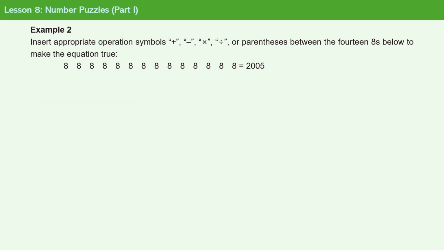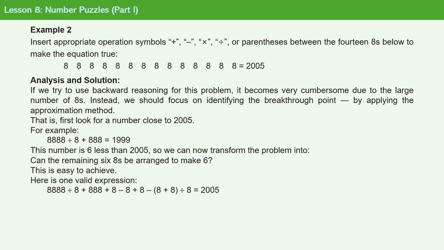Example 2. Insert appropriate operation symbols, plus, minus, times, divide, or parentheses, between the 14 eights below to make the equation true. If we try to use backward reasoning for this problem, it becomes very cumbersome due to the large number of 8s. Instead, we should focus on identifying the breakthrough point, by applying the approximation method.